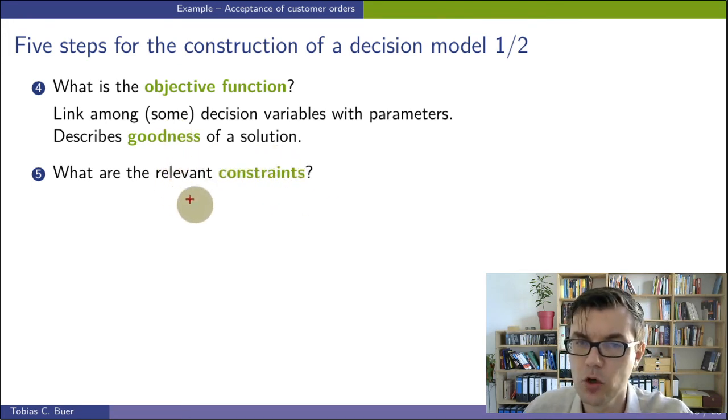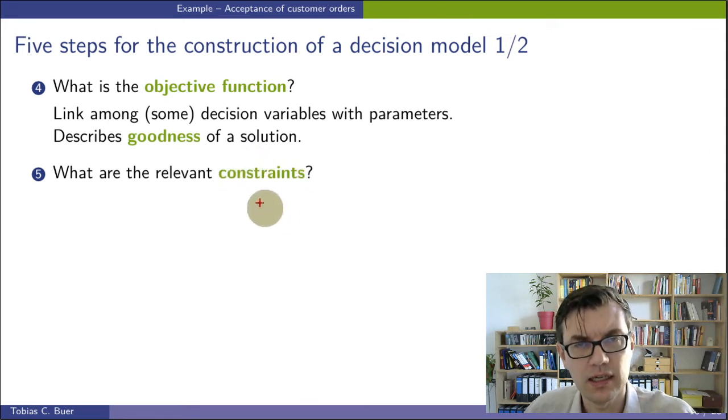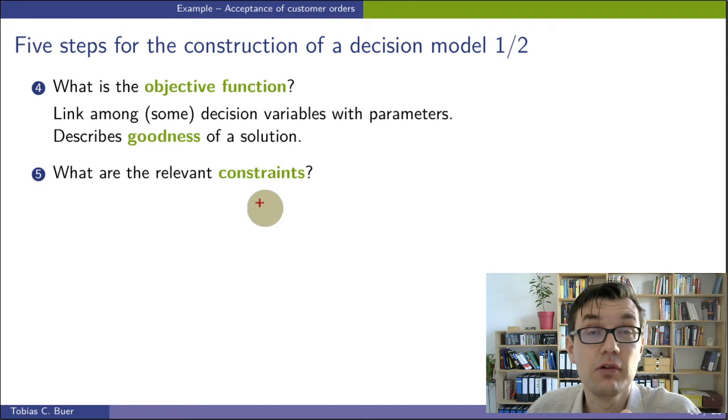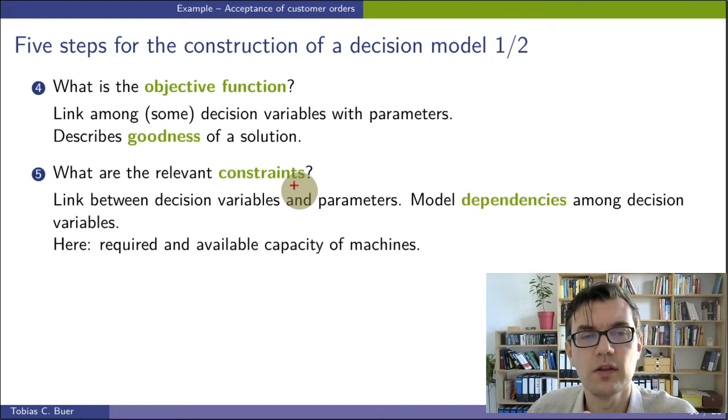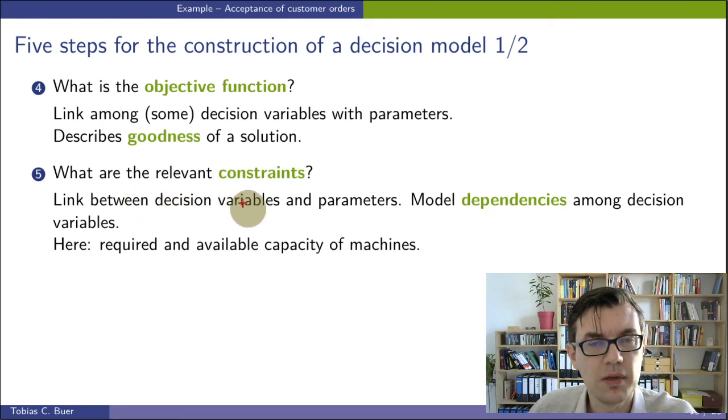Now we have some constraints. We already realized that we cannot accept all the four orders at the same time. This is the main reason why we need to have this model, and we call these constraints. Now we need to identify the relevant constraints, and again, a constraint is a link between some of the decision variables and the parameters of the model. We describe the dependencies among our decisions.